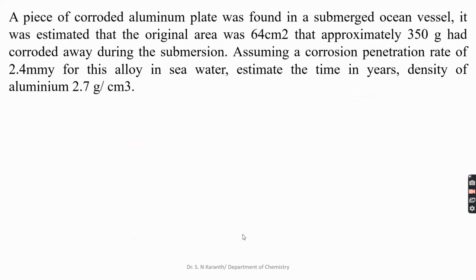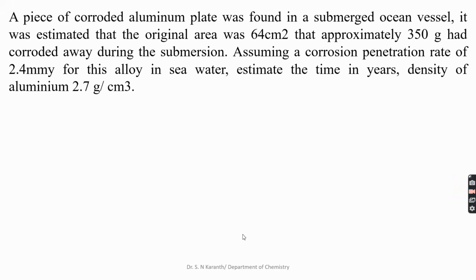Now, a piece of corroded aluminium plate. A piece of corroded aluminium plate was found in a submerged ocean vessel. It was estimated that the original area was 64 centimeters square, that approximately 350 grams had corroded away during the submersion.